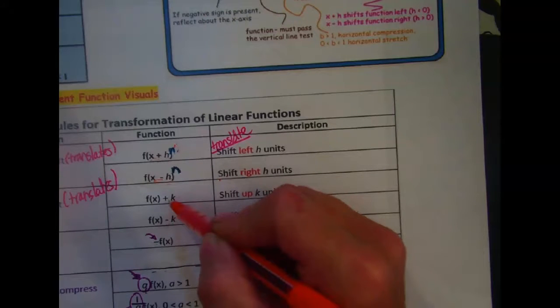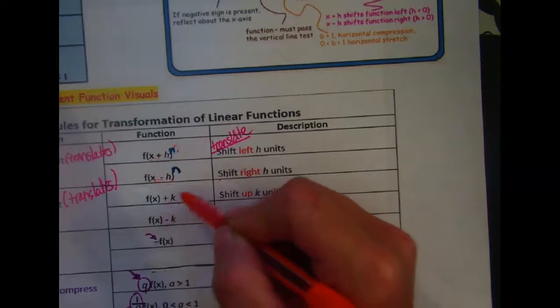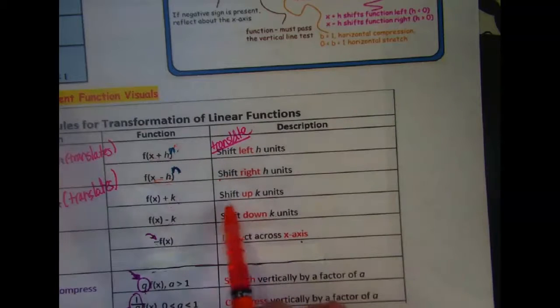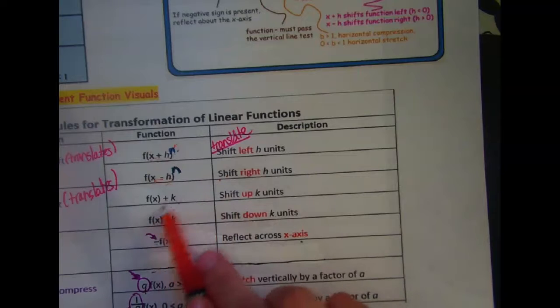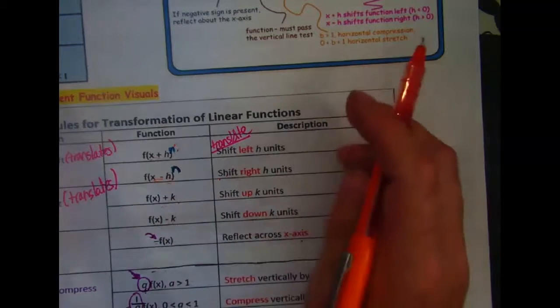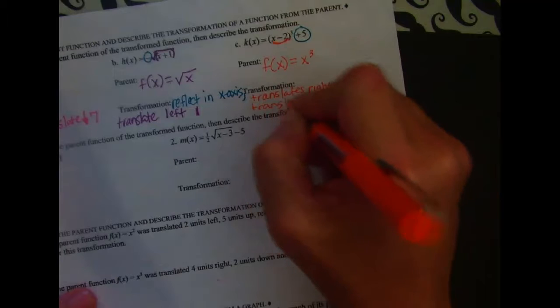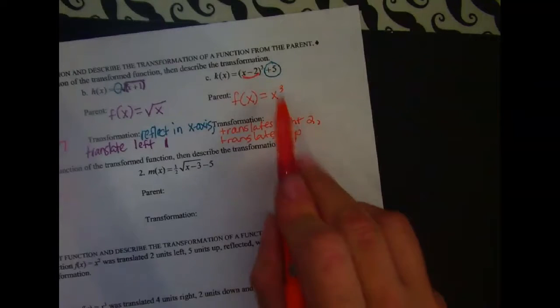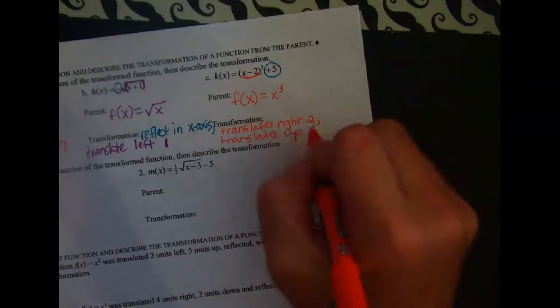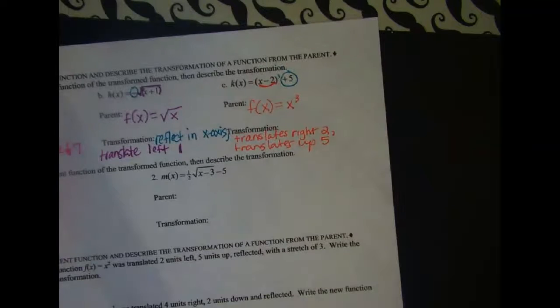So that's the one I want because it's a plus something. So that tells us it shifts up, or the word we're going to use is it translates up whatever the number k is. So this one then translates up, and then my number for this one, it went up 5.